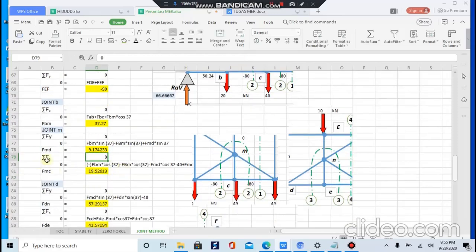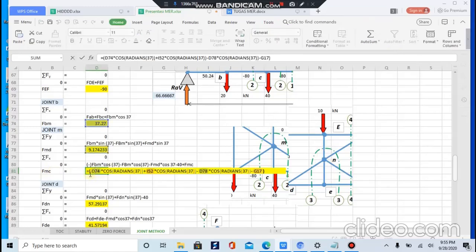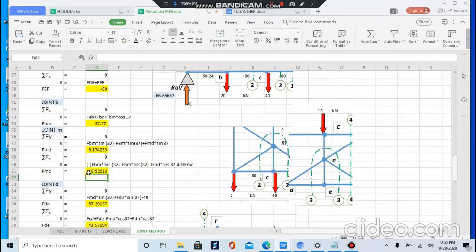Then for sigma Fx equal to 0, so 0 is equal to minus FBM times cos 37 minus FBM times cos 37 minus FMD times cos 37 and minus 40. This 40 is the external load, plus FMC. So FMC is equal to 19.526.